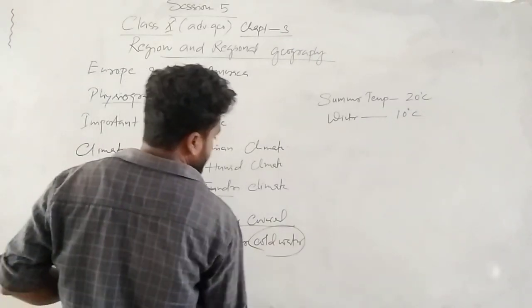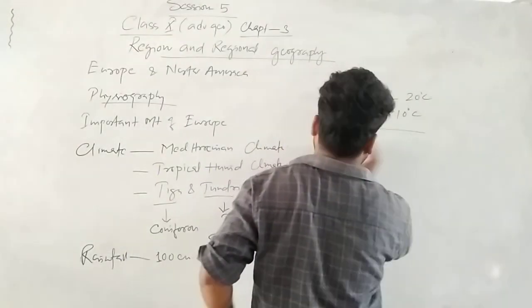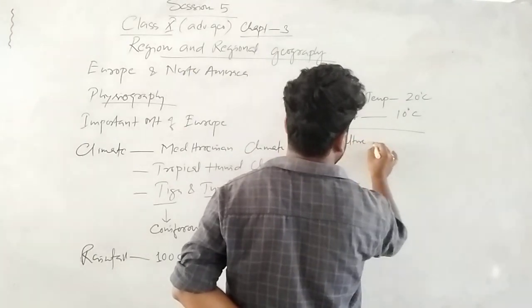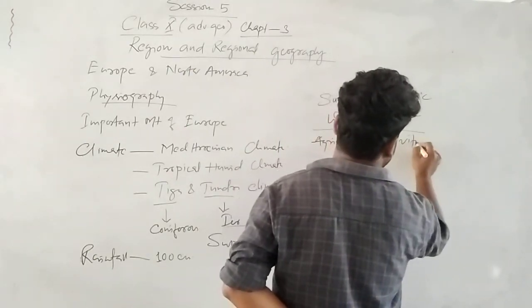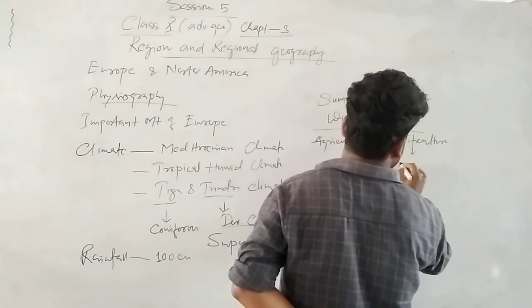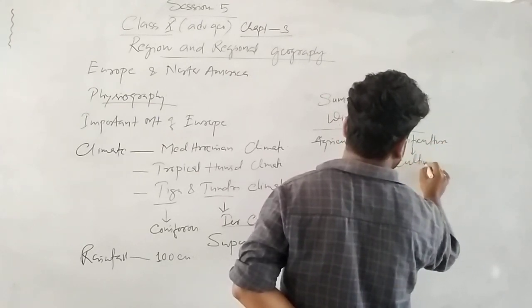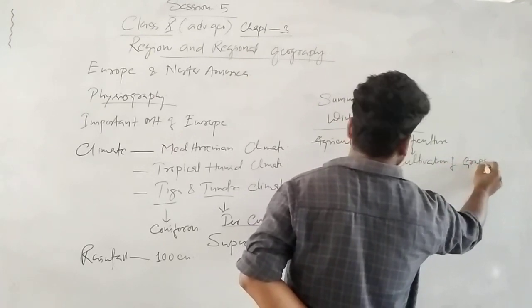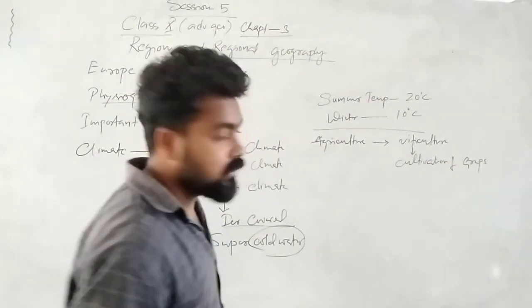And after that we will see what are the different types of agriculture done there. Because Europe is famous for viticulture. Viticulture, do you know? Cultivation of grapes. Cultivation of grapes is called viticulture. Okay.